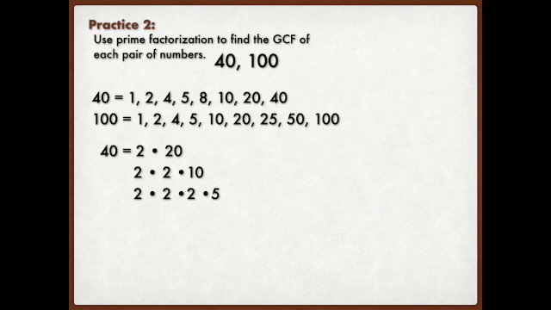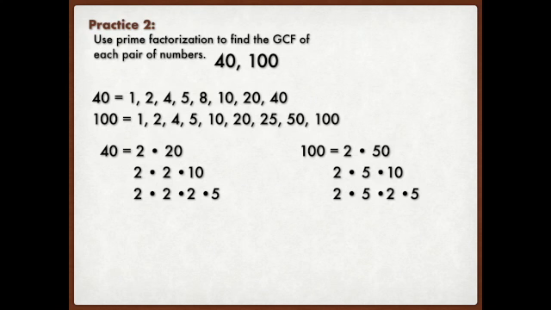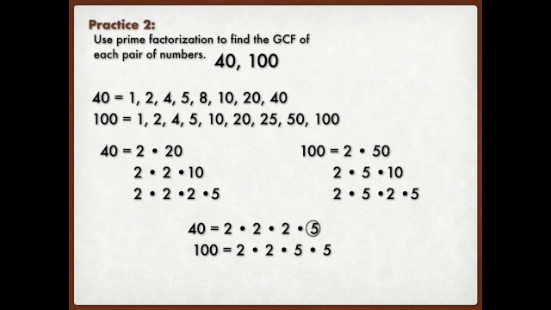Now, 100 is broken down into 2, 5, 2, and 5, or in other words, 2, 2, 5, and 5. Let's find which ones are common factors. If I look there, I have 2 and 2 and 1 5, those are the common factors.